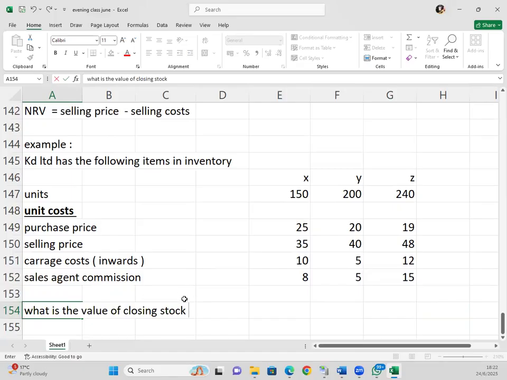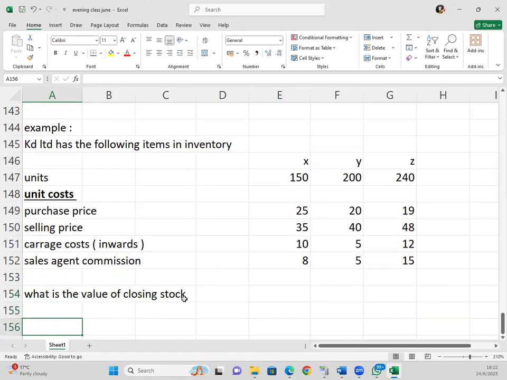When you're determining the value of closing stock, the first step is to determine which one is the lower of cost and net realizable value. So remember, inventory is valued at the lower of cost and net realizable value. That is the first thing.